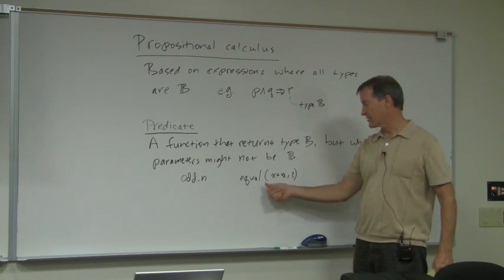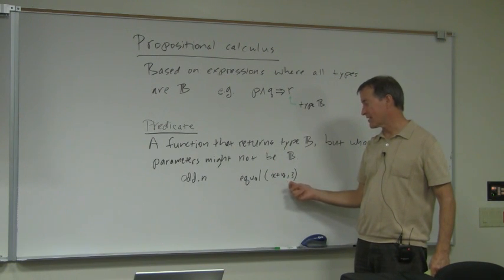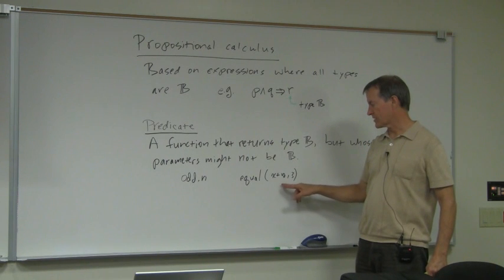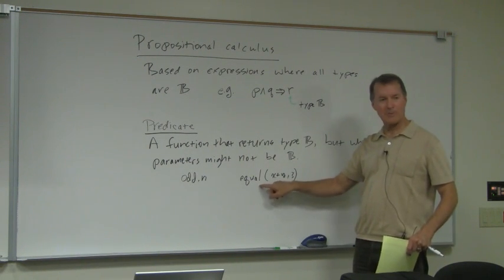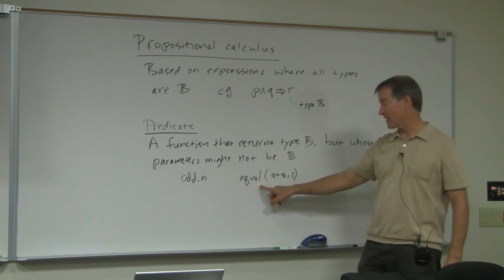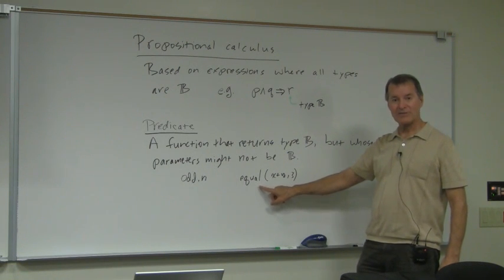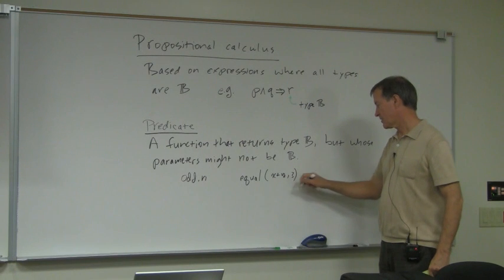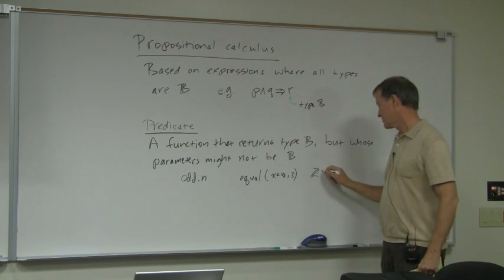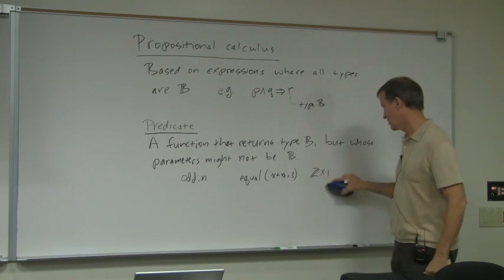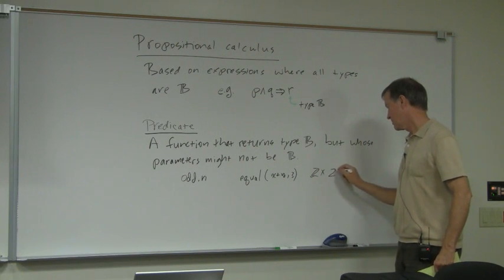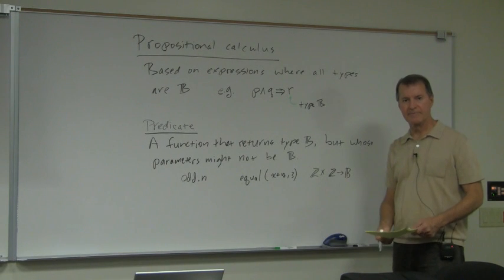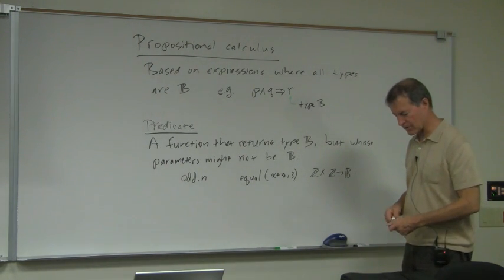If x plus y does equal 3, then equal returns true, otherwise it returns false. On the last exam, you had to tell me the type of equal when considered as a function. If these are integers, it would be Z cross Z arrow B. That's the type of equals when considered to be a function.